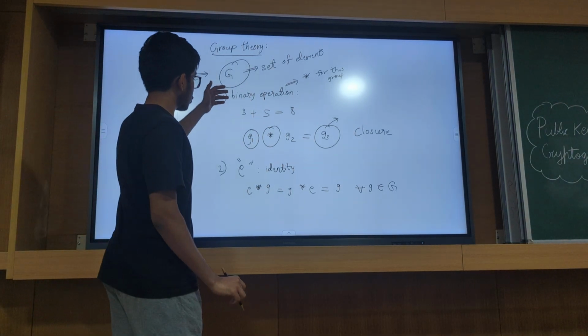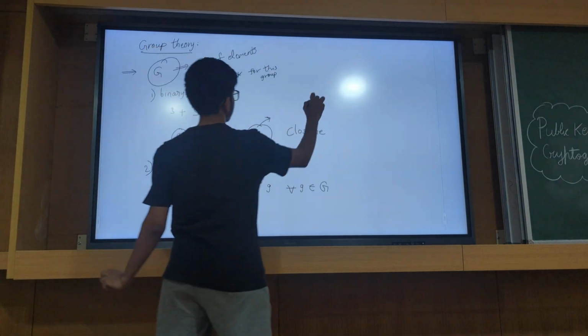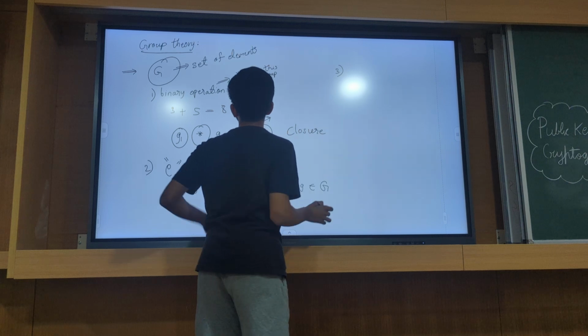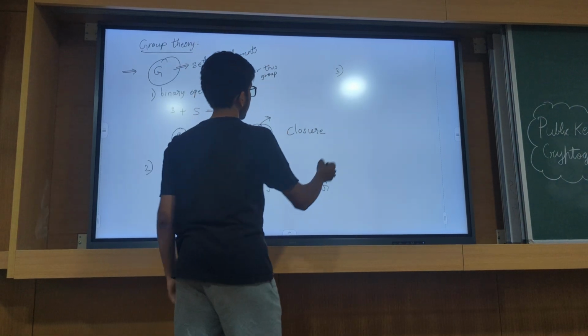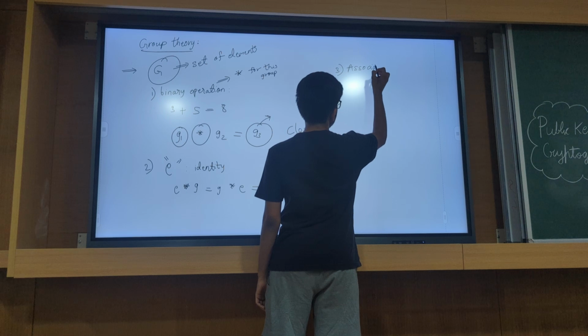So these two properties it should satisfy, and there are two more properties that it needs to satisfy for it to be called a group. The third property that this set should satisfy is associativity of the binary operation.